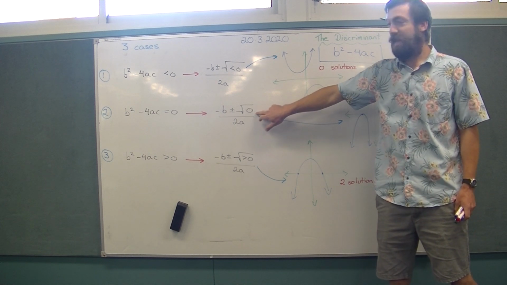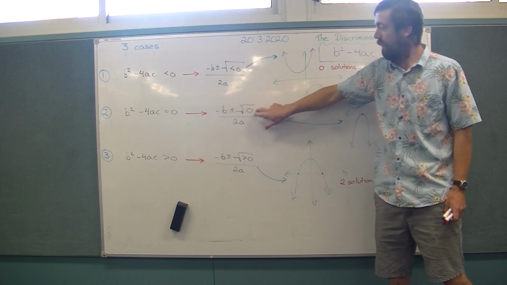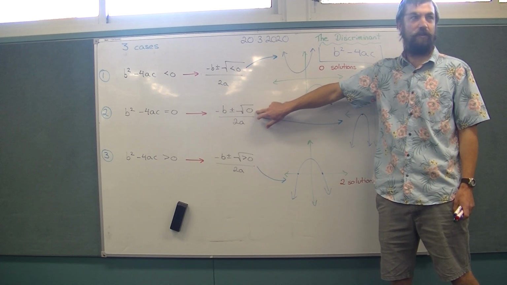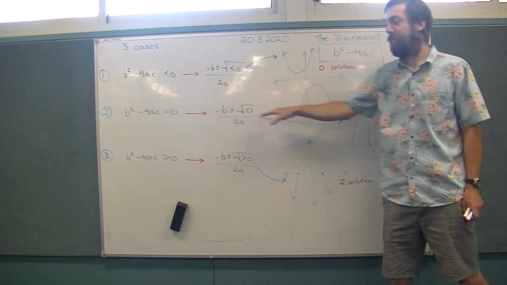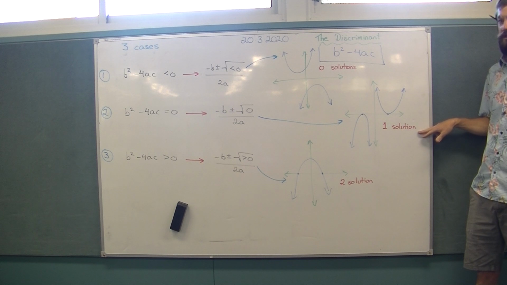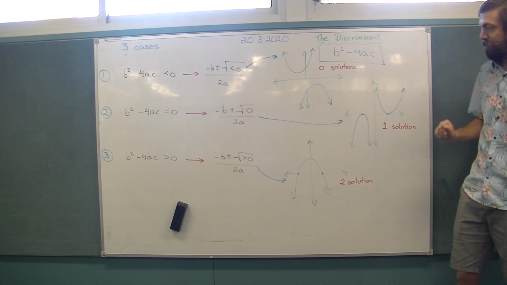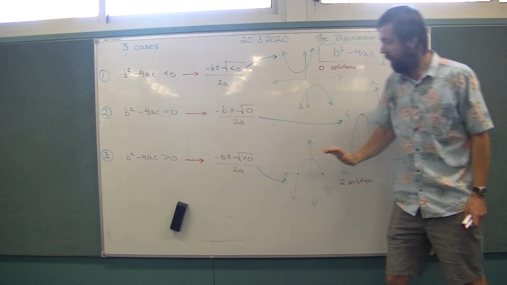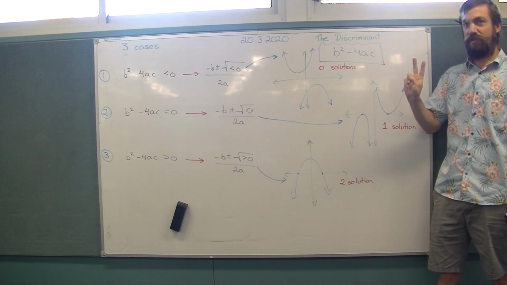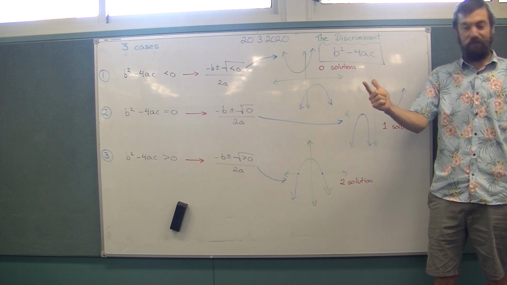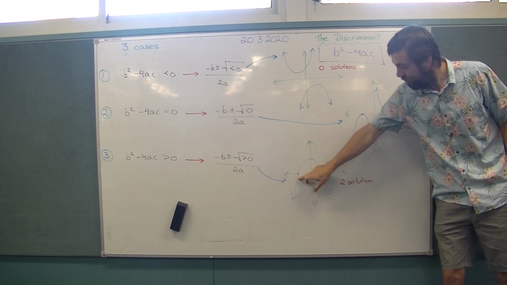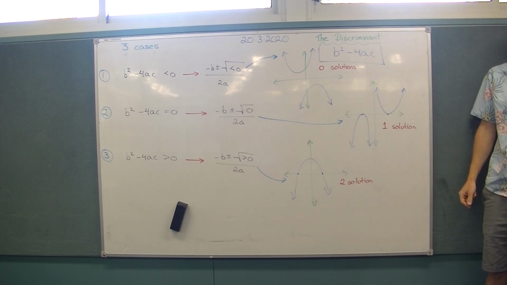The discriminant could be equal to 0. In which case, what's the square root of 0? 0, so plus or minus 0 changes nothing, and that means there's one solution, because you're adding 0 or subtracting 0. One solution, alright? Or it could be greater than 0, in which case there are two solutions, the positive version and the negative version, and you have yourself two x-intercepts.